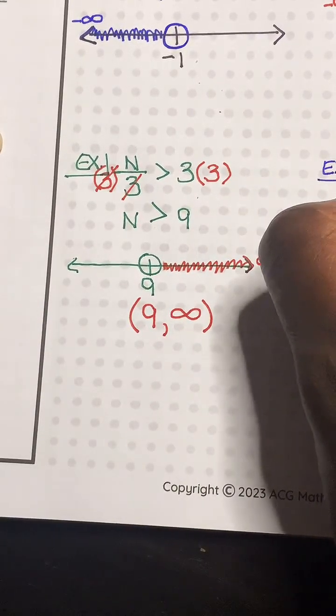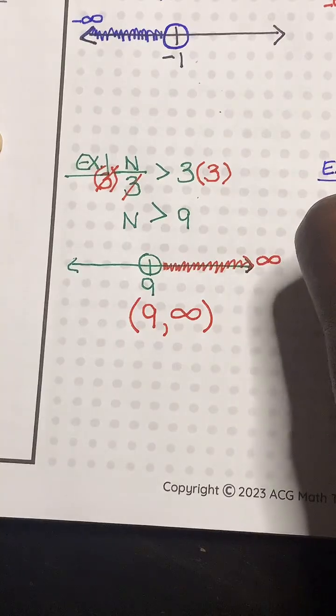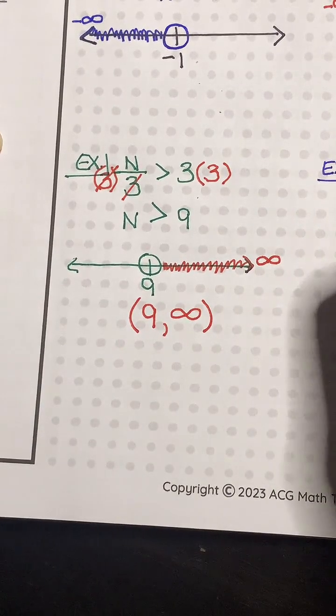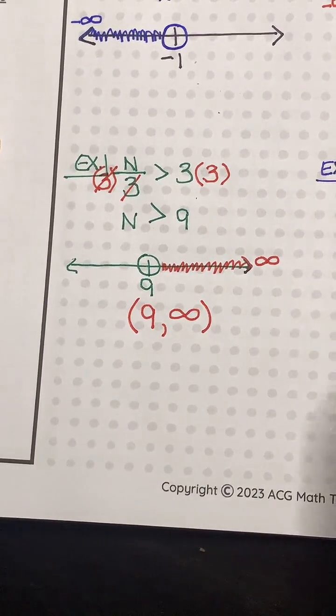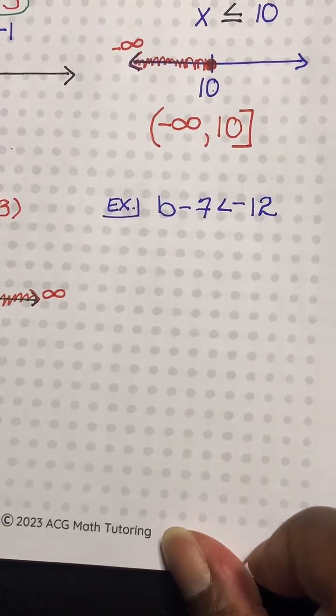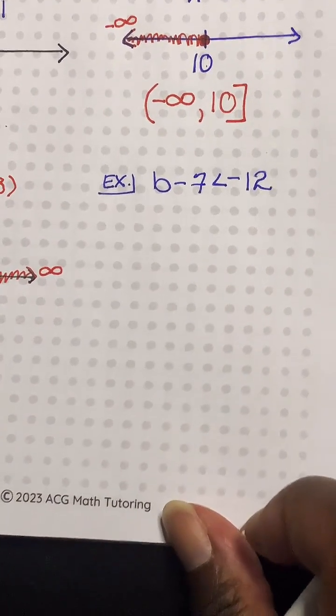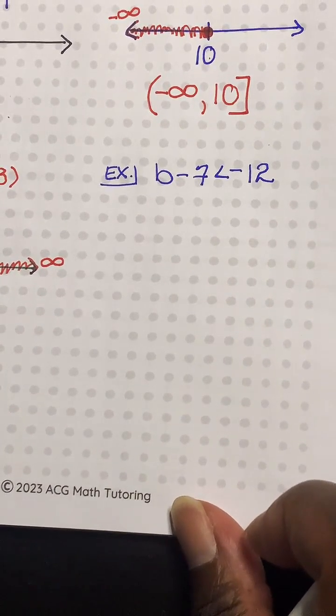All right, so we have b minus 7 is less than negative 12.